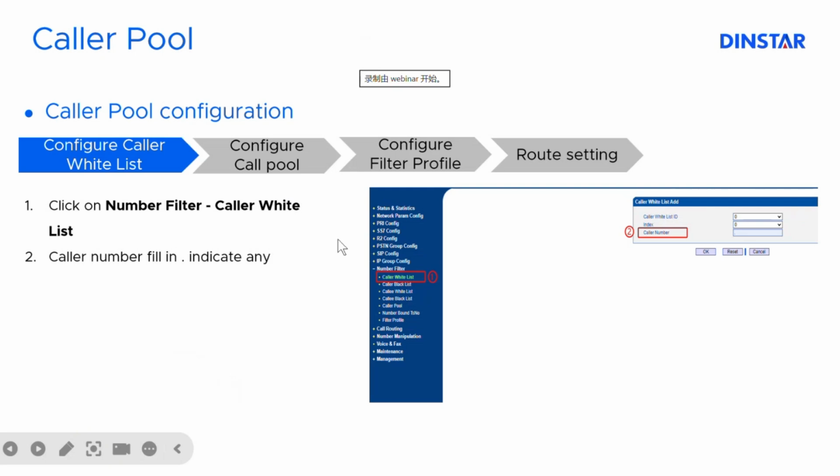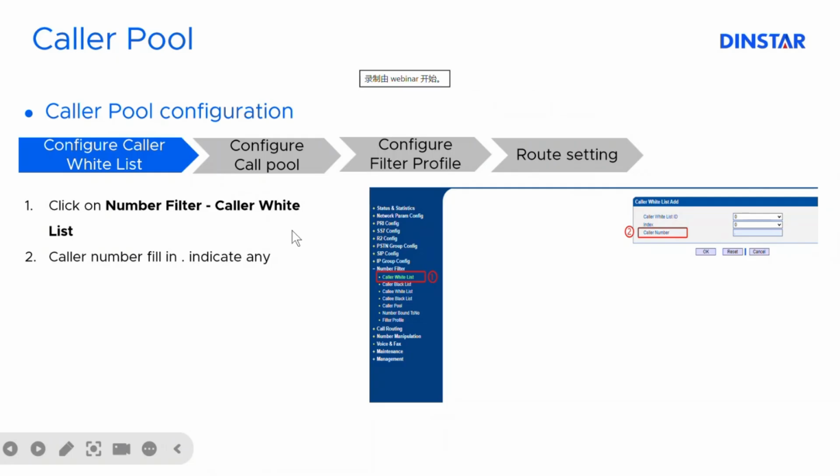Okay, let's look at the caller ID pool. This feature is mainly used when integrating with carriers, especially in PSTN scenarios. Carriers usually assign a range of numbers to an enterprise.